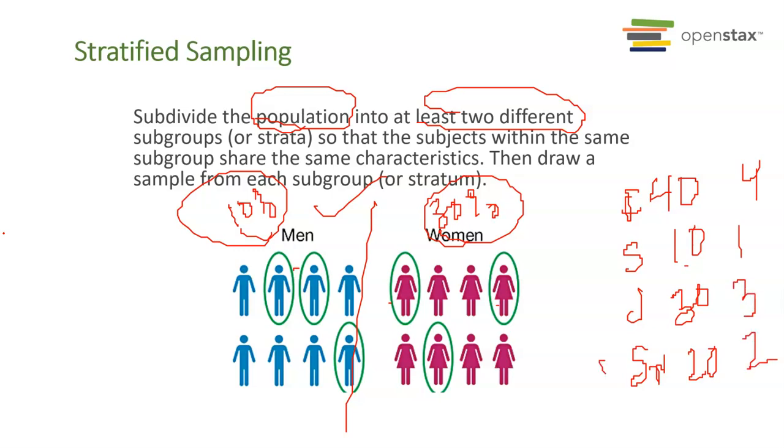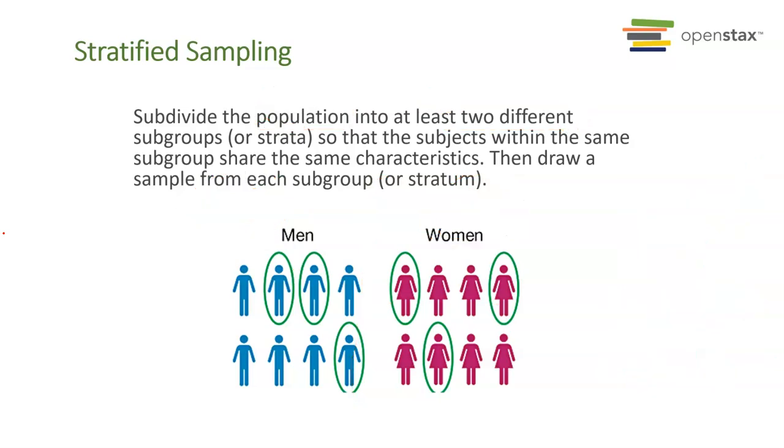So you can take 10% of each one of these, so that it kind of keeps the weighting of how that population is distributed. Or you can just say, I'm going to talk to 2 from each group, and it doesn't matter how many people are actually in that group. The important idea is that you're going to draw a sample from each stratum, right? So this is the big deal. You're going to take some from each little group.